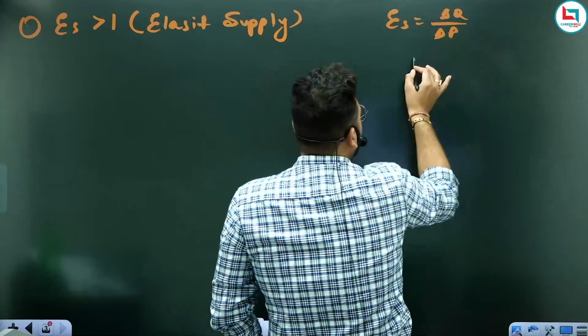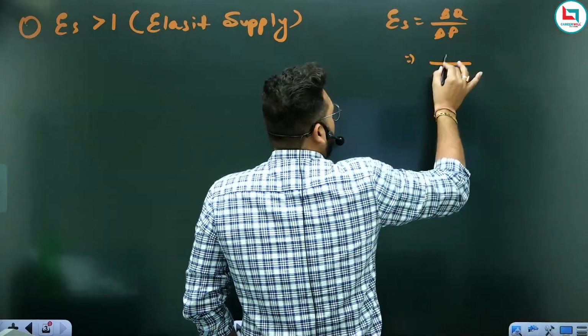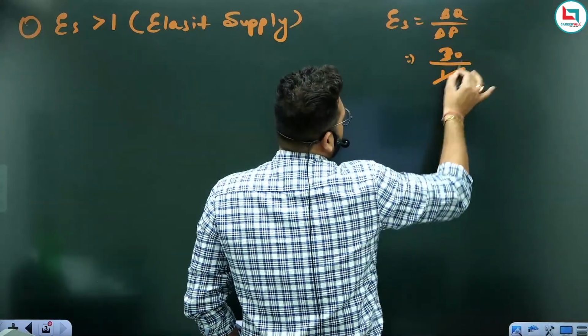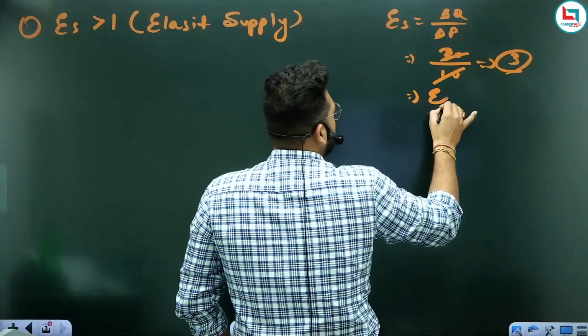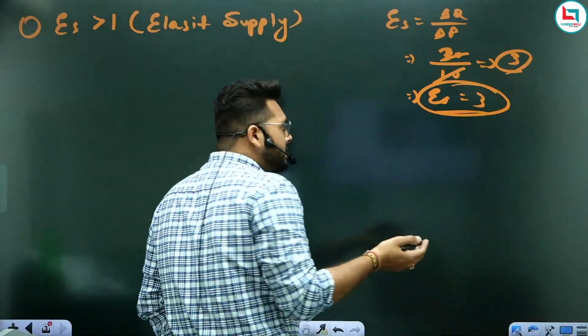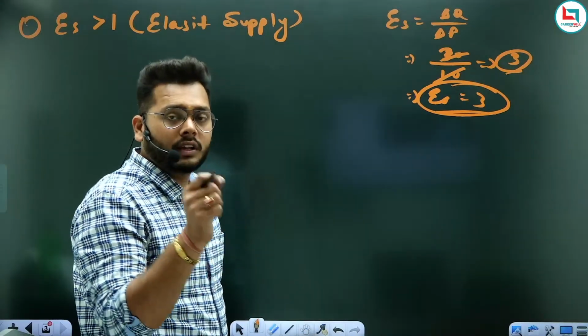So how can we write here? There is a 10% change in price and the quantity is changing 30%. Just cancel it down, you will get the answer 3. It means ES equals 3, and 3 is more than 1.